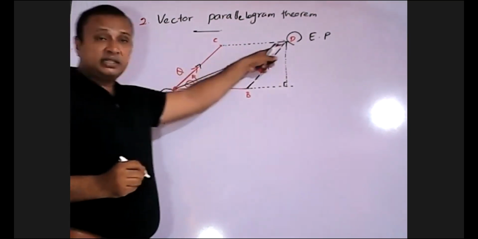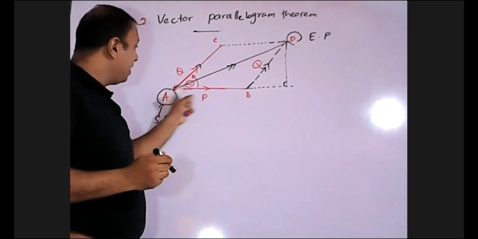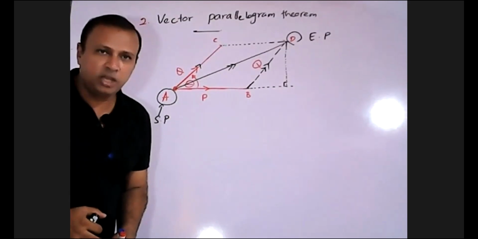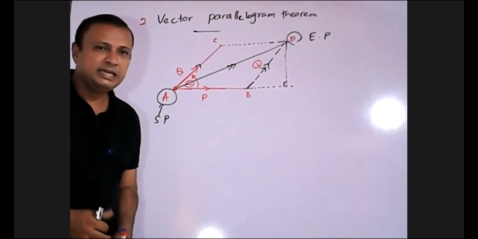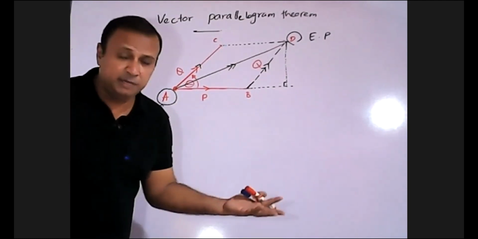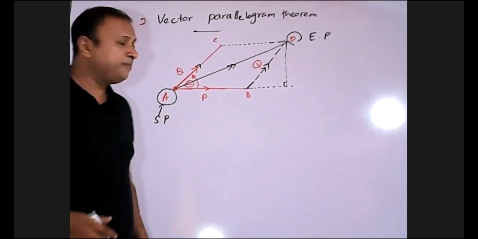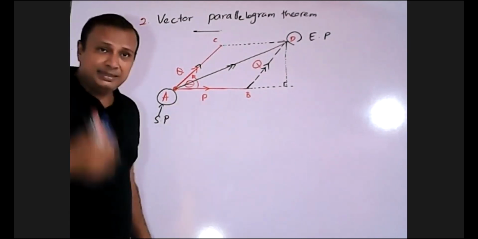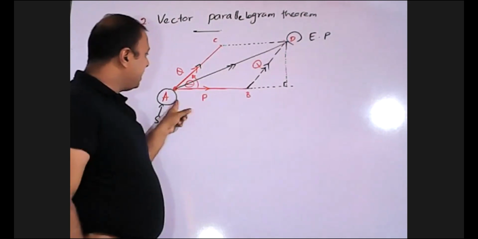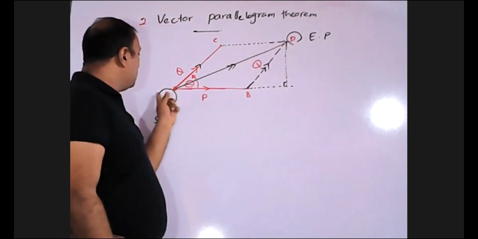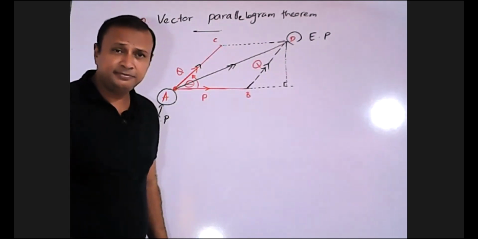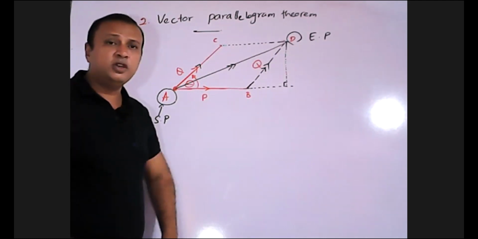Definitely this vector should be equal to the addition of the AB vector plus the BD vector. Did you get my point? According to the principle of vector addition, or the vector triangle principle, AB plus BD should be equal to the AD vector. Did you get my point? Please give me your responses.